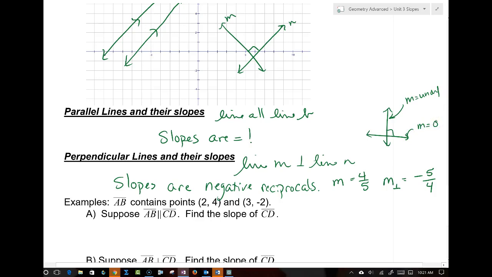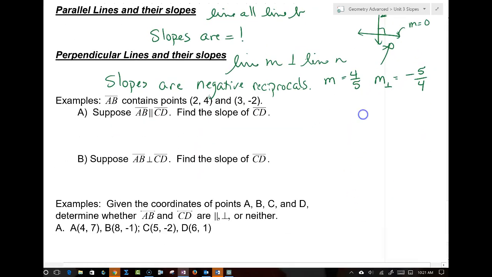Are they still perpendicular? They're still opposite reciprocals of each other, because the opposite of undefined is still undefined, or the opposite of 0 is still 0. But don't forget those are important. Now, why is this important? I'm going to ask you to write equations of lines that are perpendicular to other ones, especially perpendicular bisectors of line segments. This is something you need to know for your homework.